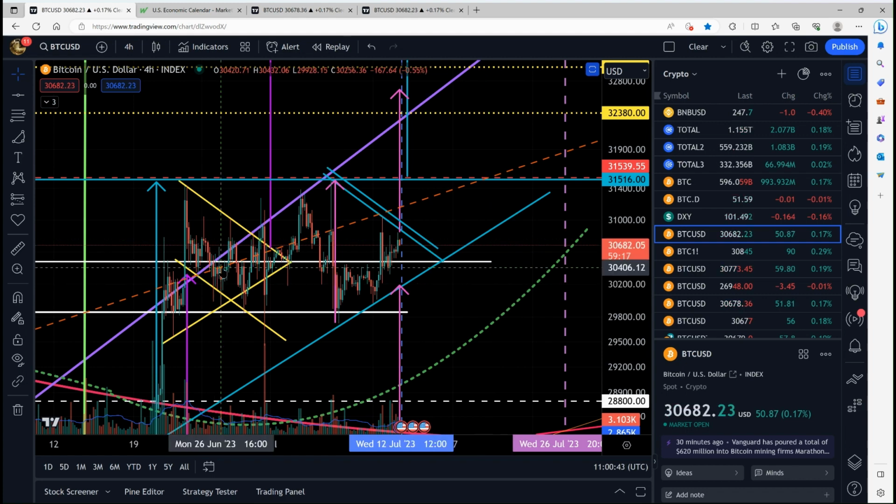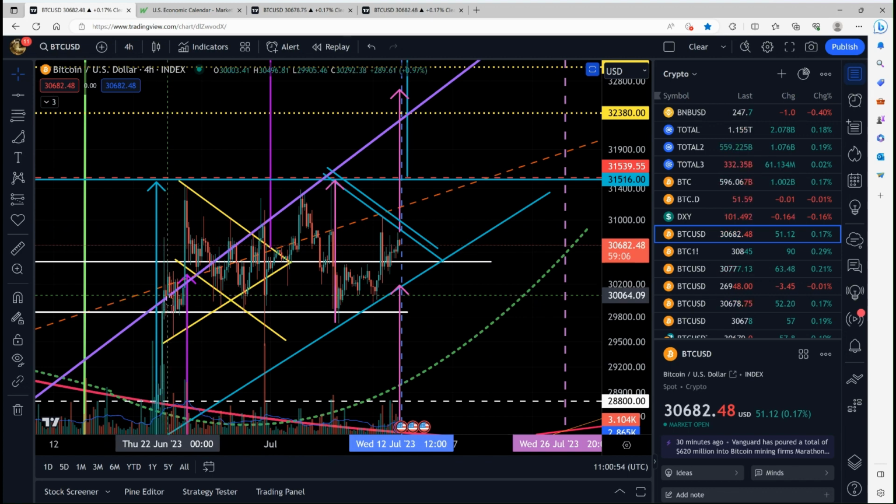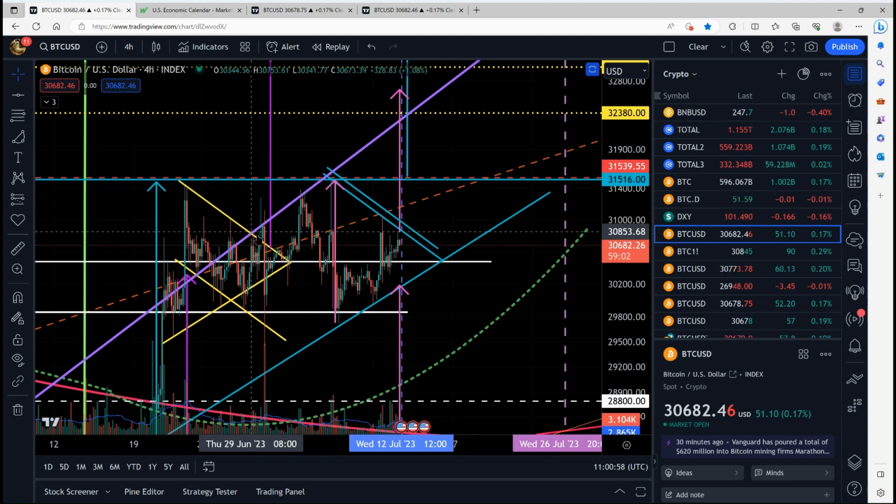So we're looking at Bitcoin versus US dollar index on the 4 hour chart. And we're seeing the recent price action since mid-June, where we have been consolidating into this yellow triangle.